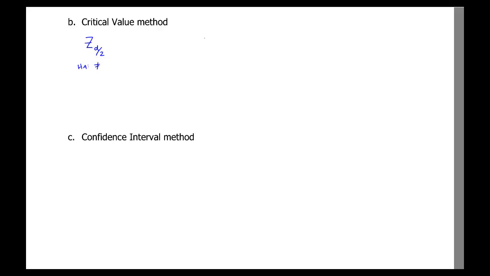And we're going to compare that to z for our test. And we just calculated that up above, and we got negative 3.00. So we just need this z for alpha over 2, and alpha was 0.01. So alpha over 2 is 0.005.